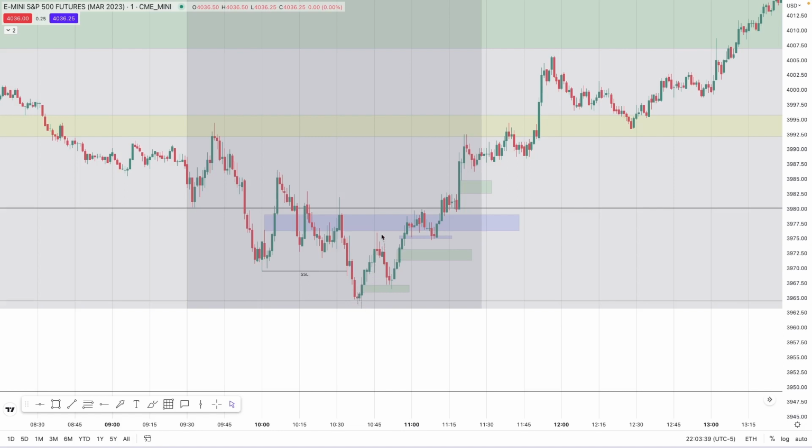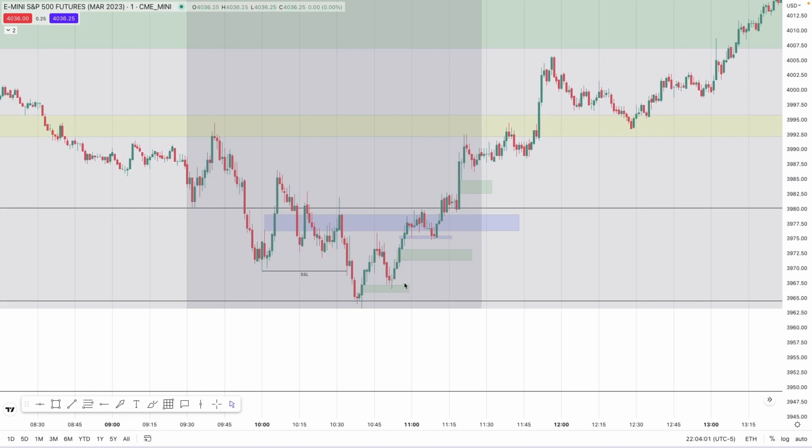We energetically move away, quickly up. We created a fair value gap right here. Price comes back down. This is going to be your smart money entry. So this is where institutional orders will enter after they've been distributing and manipulating price from the movement down overnight.